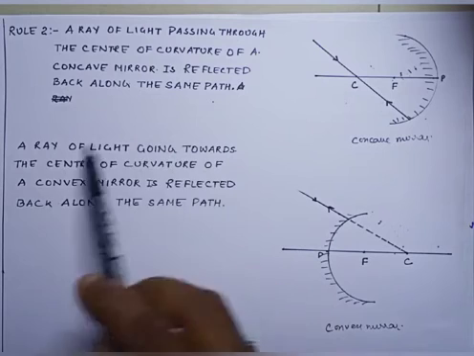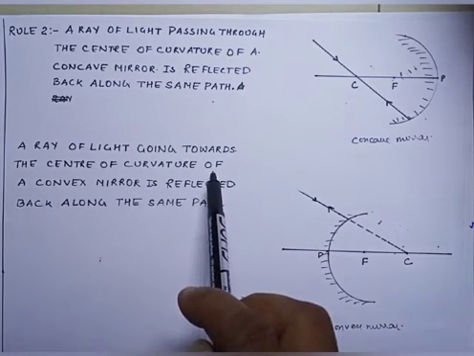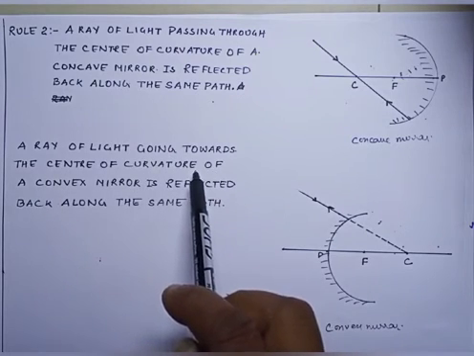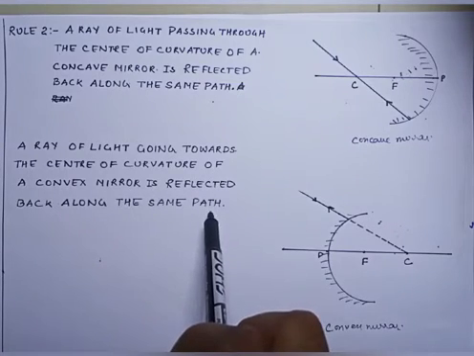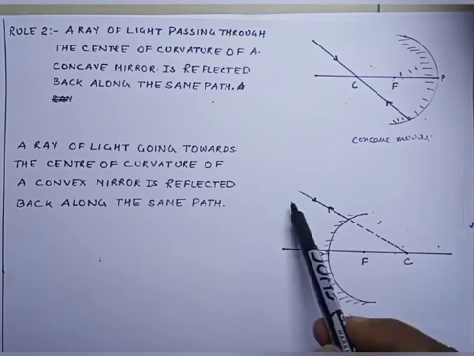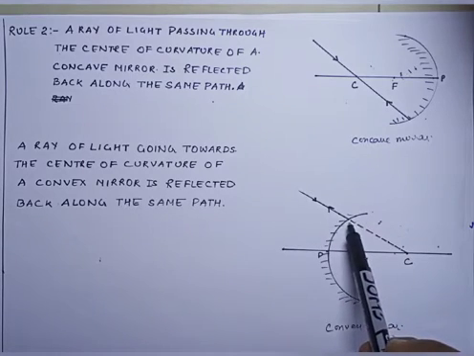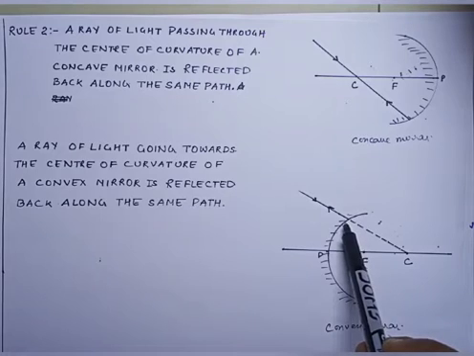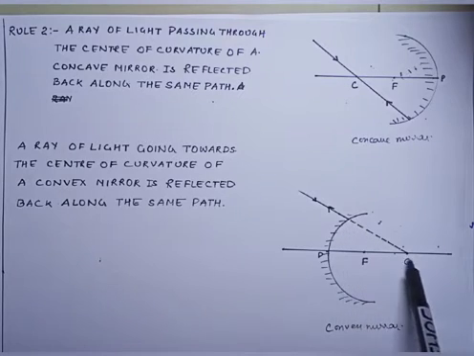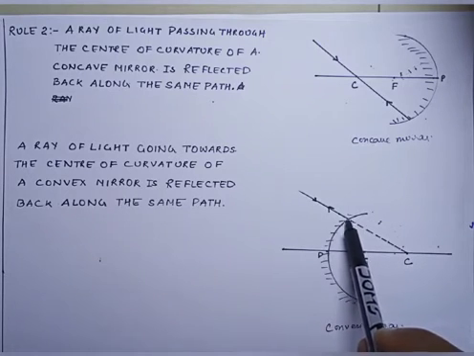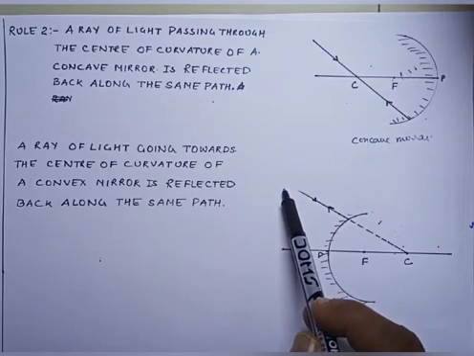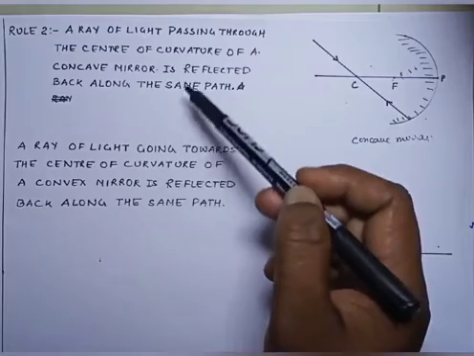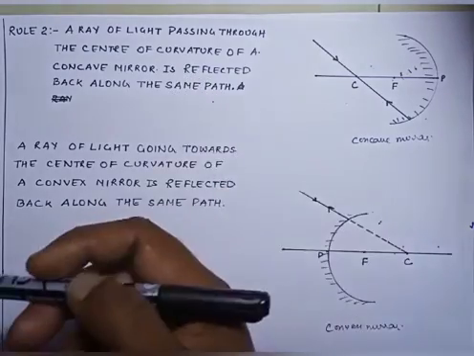A ray of light going towards the center of curvature of a convex mirror is reflected back along the same path. It seems that it is going to pass through the center of curvature, but after striking the mirror, it will reflect back. I hope both the laws are very much clear to everyone.